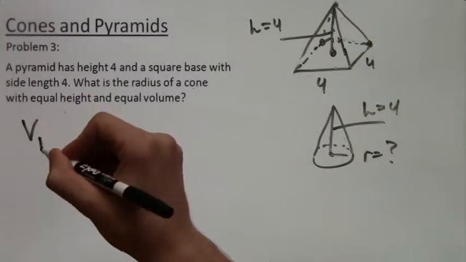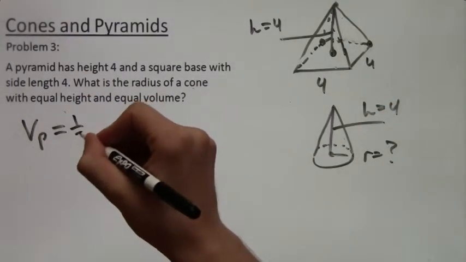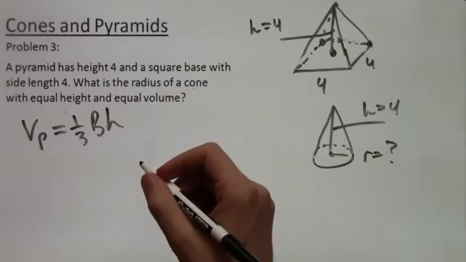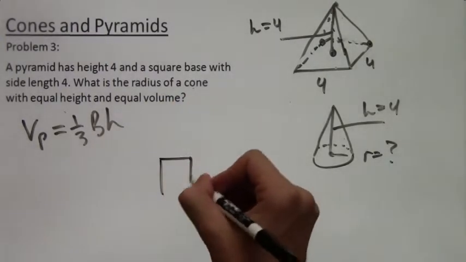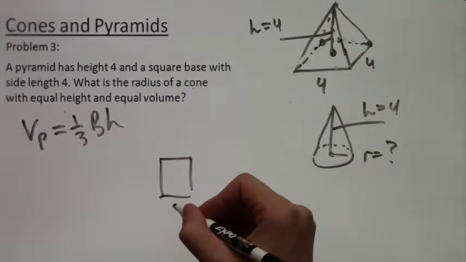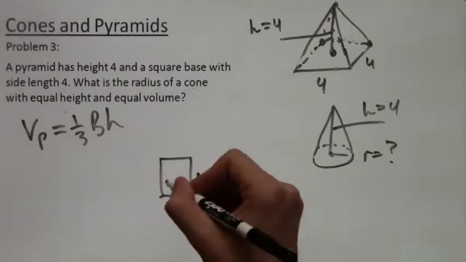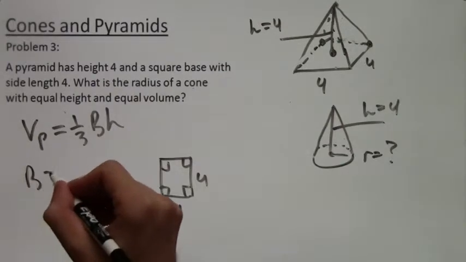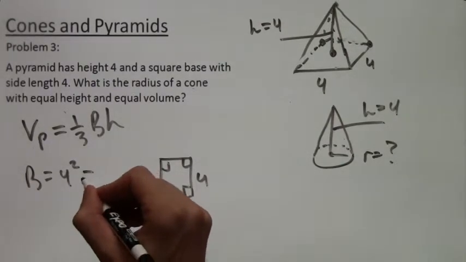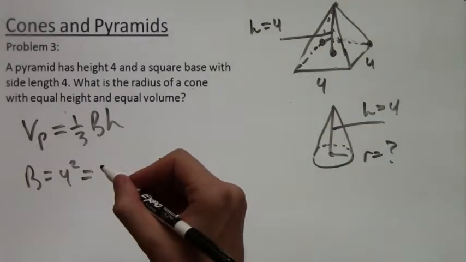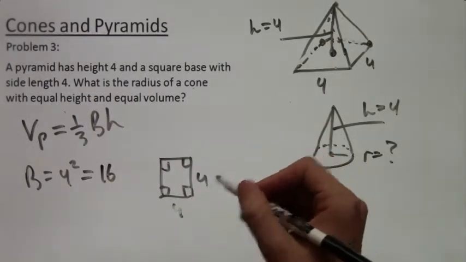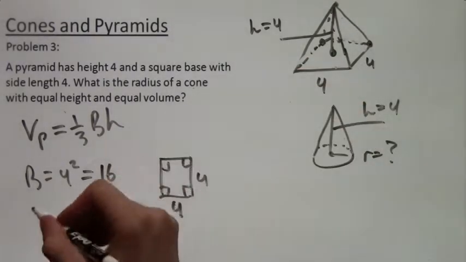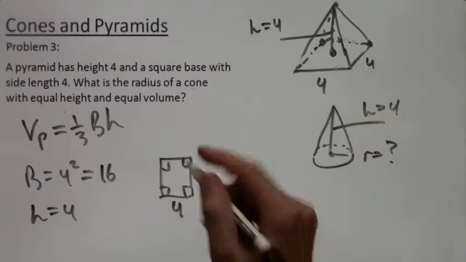So now we calculate the volumes. We calculate the volume of the pyramid. It's 1/3 times the base area times the height. The base is just the square with side lengths 4. So we have area equal to 4 squared, which is 16. And the height is also 4.